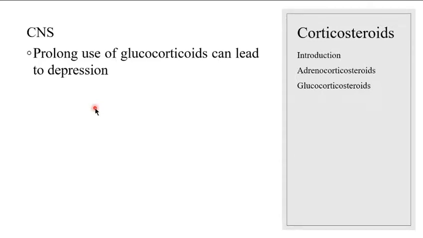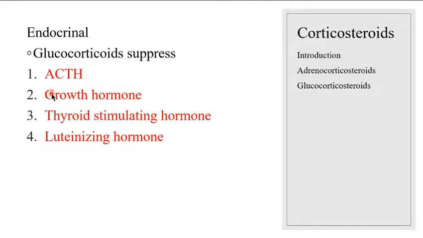For example, prolonged use of glucocorticosteroids can produce depression in patients. Corticosteroids can also suppress ACTH because of their negative feedback action, which can also inhibit growth hormone, which can lead to diminished growth in children if you give corticosteroids.